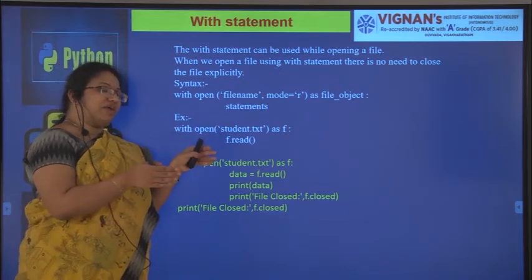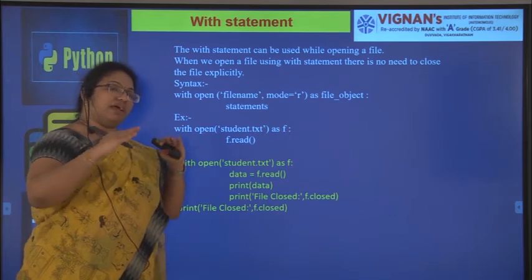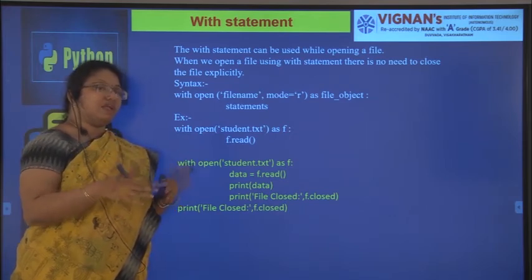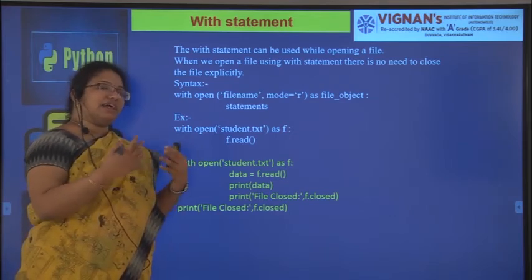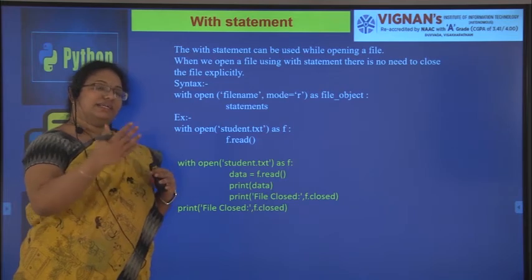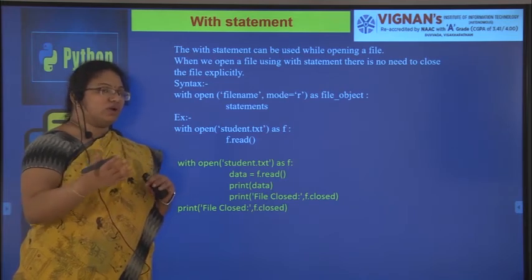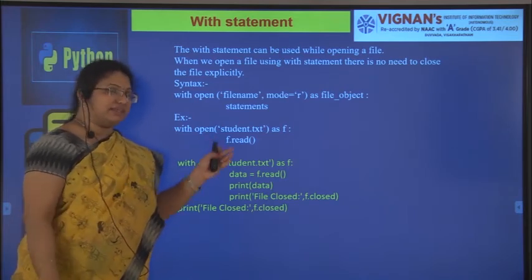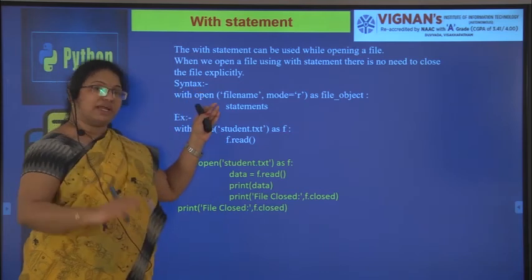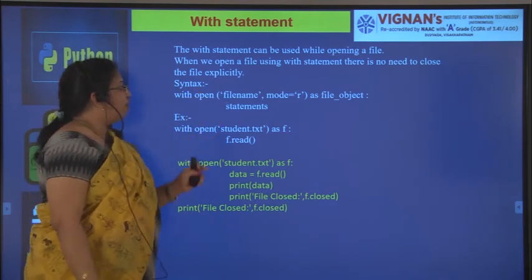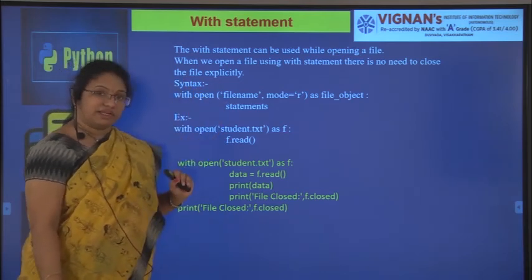Previously, if you opened a file, every time we had to close it. If you didn't close it, the Python garbage collector would collect it and close the file. And if you don't close the file, there are many issues that we had seen. So if you are using the with statement, there is no need of closing your file. The file is closed automatically.